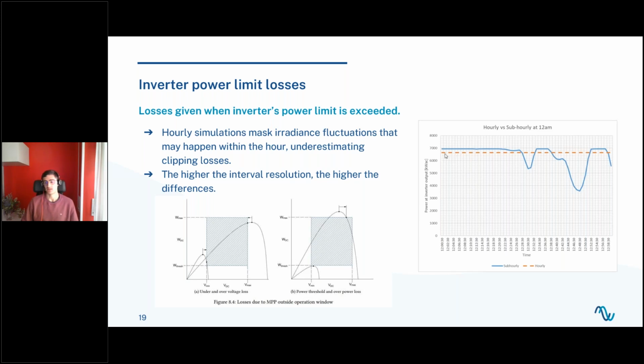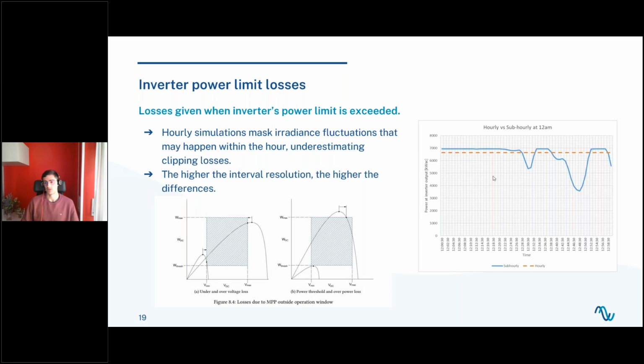If we are estimating the energy production for the hourly simulation, we will be seeing the orange line, and we will be below the maximum power that the inverter accepts, so we wouldn't have any losses. However, if we go to the sub-hourly simulation, we can see how here we are being clipped. We are reaching the maximum power of the inverter, and we are incurring into some losses. And at other intervals, we are much farther than the maximum.